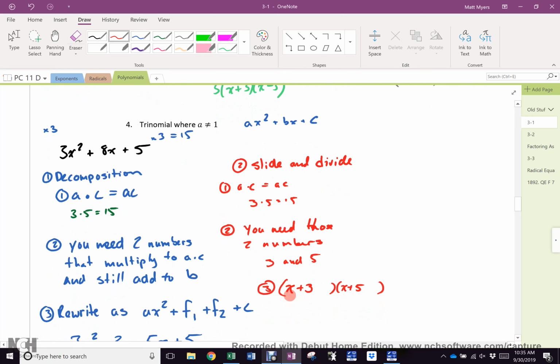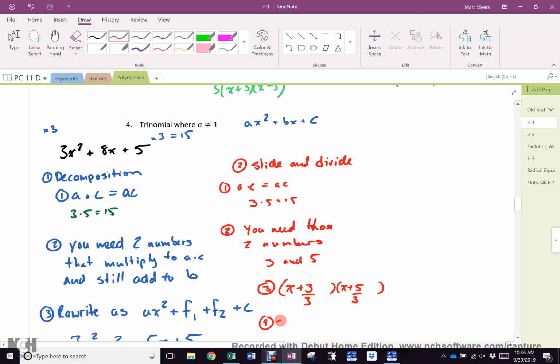Now comes the division. Originally, we multiplied by 3, yes? The only reason we knew it was 3 and 5 was because we did times 3 at the beginning, right? Have I done any division yet? So now, because 3 and 5 only exist because we multiplied by 3, we then divide by 3.